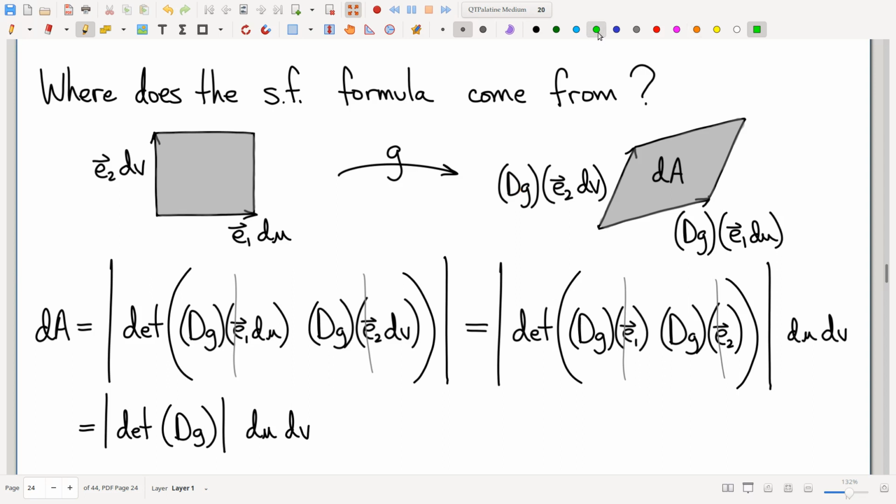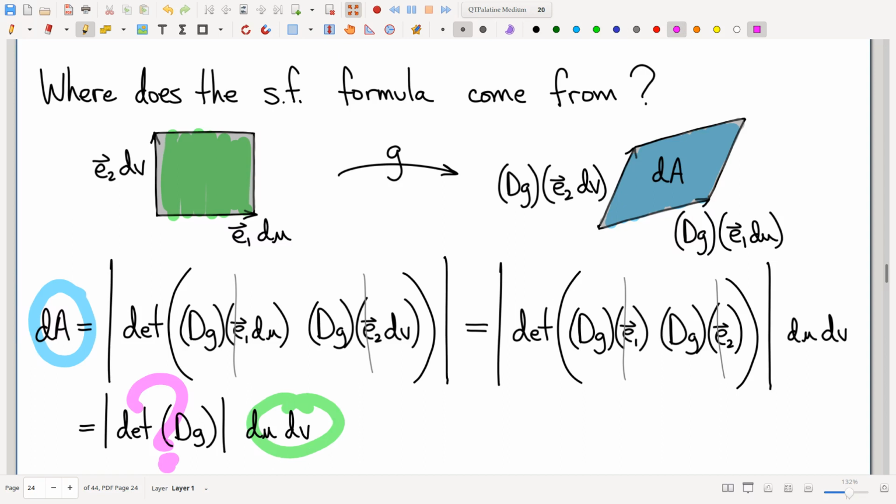Recall, the big idea of the stretching factor is that some amount of area, du dv, in the UV plane is going to have to be stretched by some factor to make this amount of area, whatever that is, in the xy plane. I'm looking to compute that and have it be some scalar multiple of the green area.